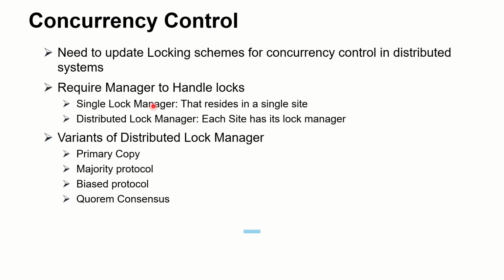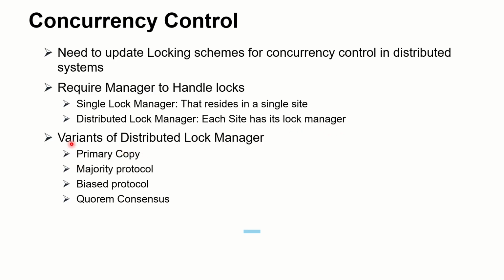The single lock manager scheme is very simple, easy to code and easy to handle all the situations. But the distributed lock manager brings some difficulty. We need algorithms to handle the lock schemes on all the sites, because each site has its own lock manager.